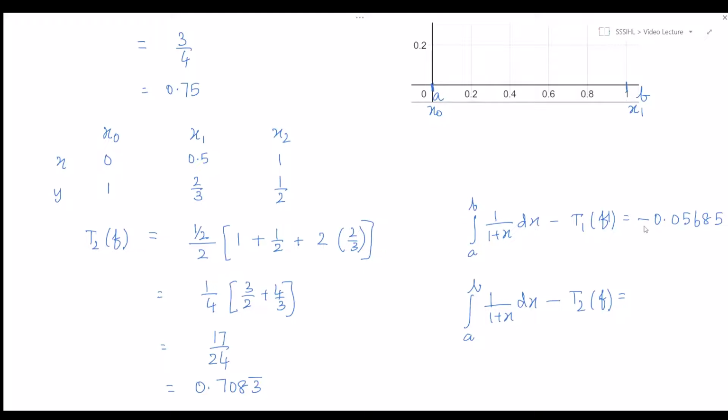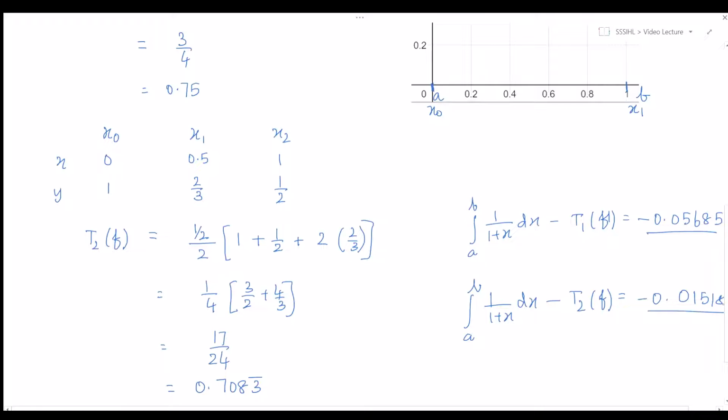In this case the error is 0.6931 minus 0.7083, that is minus 0.01518. So the error has decreased. As we increase the number of intervals, the error term will decrease.